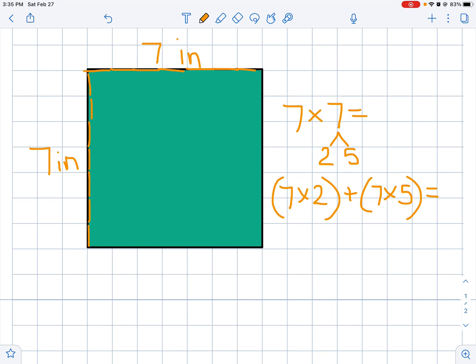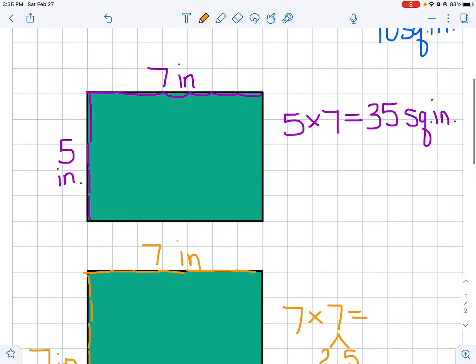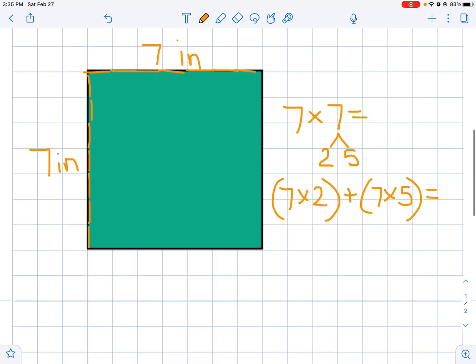And in fact, I believe I just did 7 times 5, didn't I? I already know that's 35, so I can put 35 here. And I know 2 times 7, or 7 times 2, is just 7 doubled, so I know that's 14. So I can add 14 and 35, and I know 10 and 30 is 40, and 4 and 5 is 9, so I have 49 square inches.